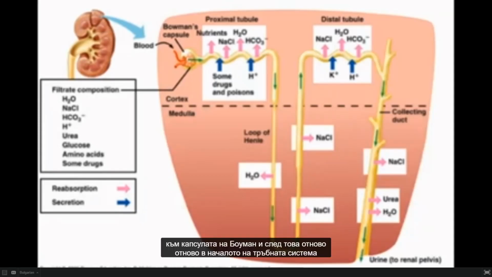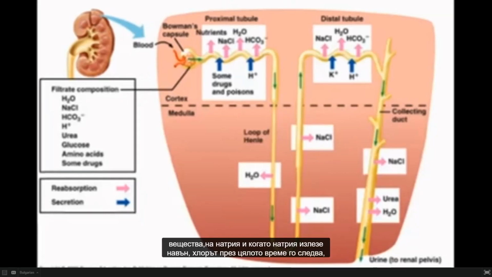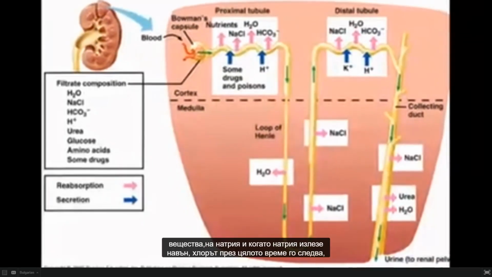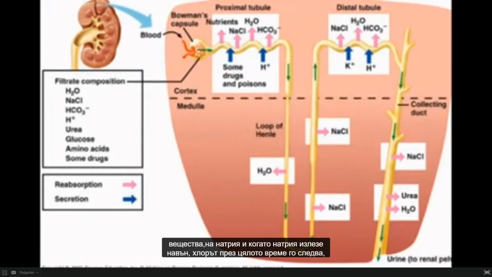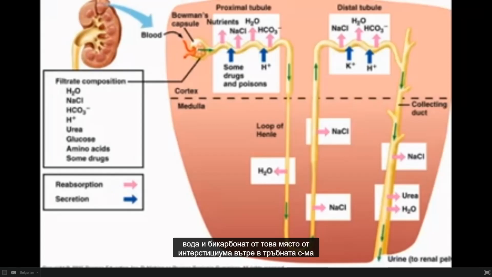And then, from the beginning of the tubular system, which we call the proximal tubule, from the tubular system to the interstitial area and again to the blood flow, starts reabsorption of the nutrients and of the sodium, and when sodium goes out, the chlorine all the time follows it, then water and bicarbonates.